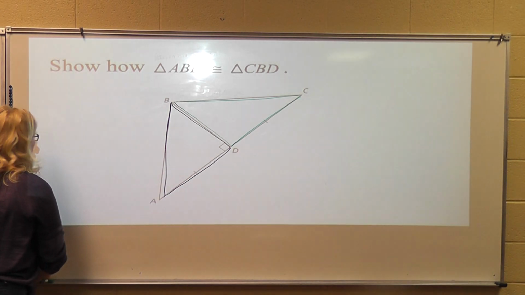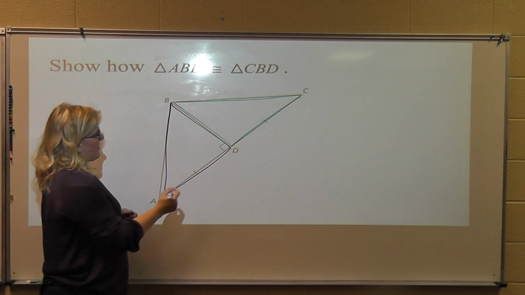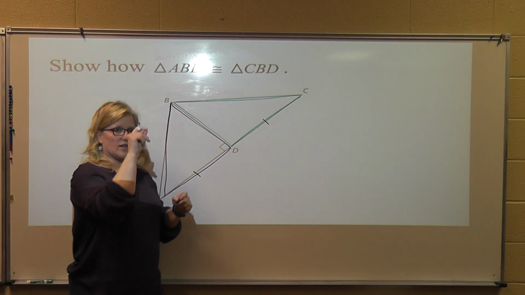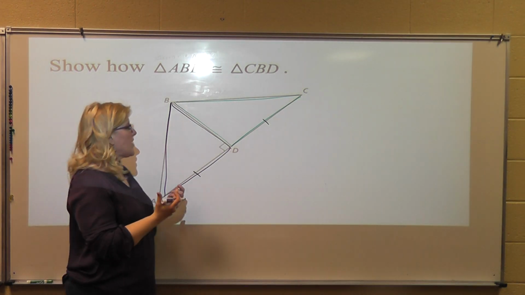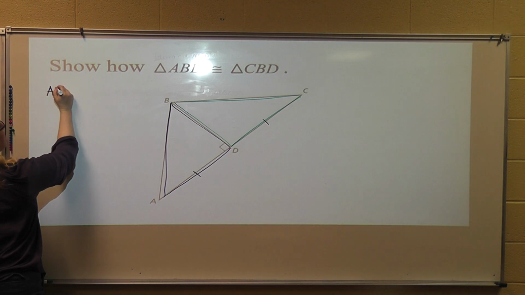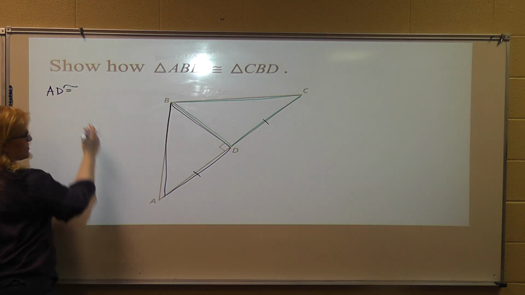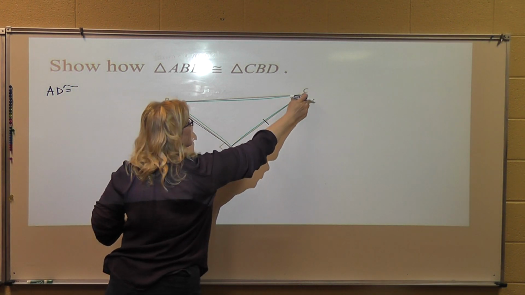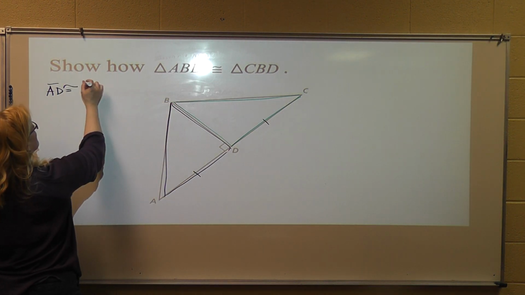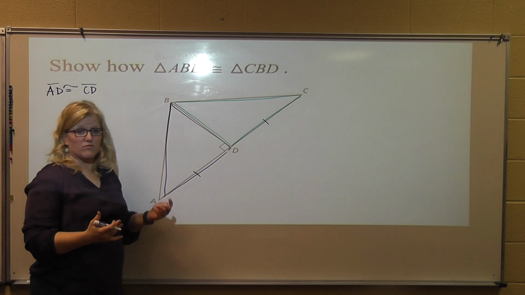First, we've got this right here, and because it's just one little tick mark, we know that those are congruent. So AD is congruent to CD, and that's a given.